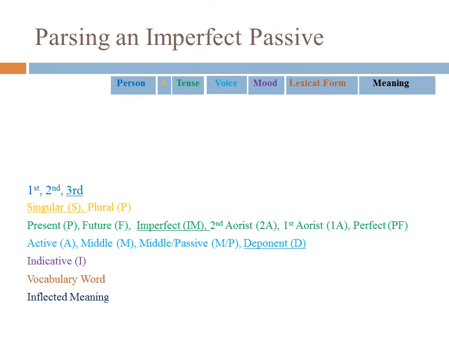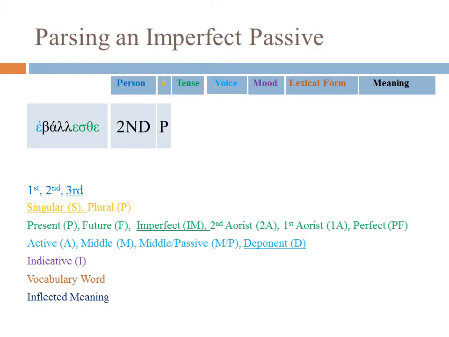Parsing an imperfect passive. Remember, in the imperfect, the passive and middle endings are the same. So, to parse an imperfect passive means you're going to parse a verb that has passive endings. So we have eballesthe, and that esthe is second person plural.